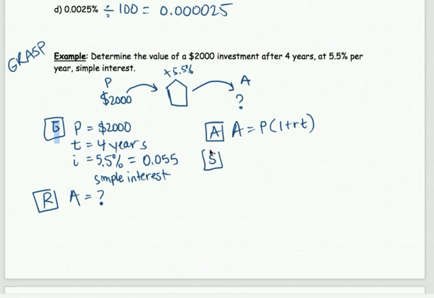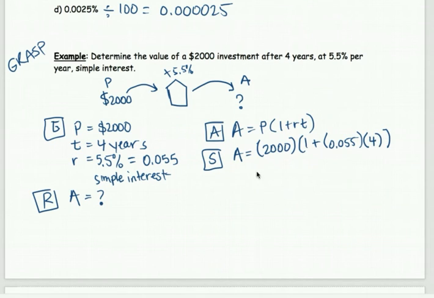Step S is to put our plan into action, so let's start plugging in these numbers. We know the principal P is $2,000, so we put $2,000 here, bracket 1 plus R. Sorry, I wrote I for interest, but R is this value here, your percent as a decimal, times time, which is 4 years, and then close the bracket.